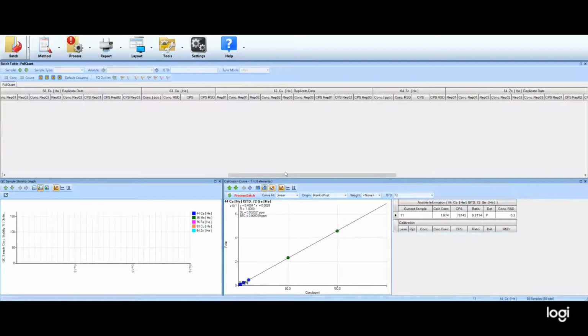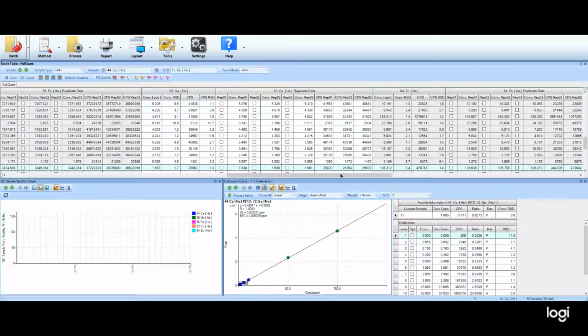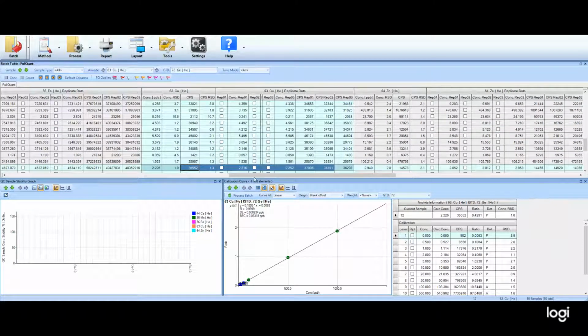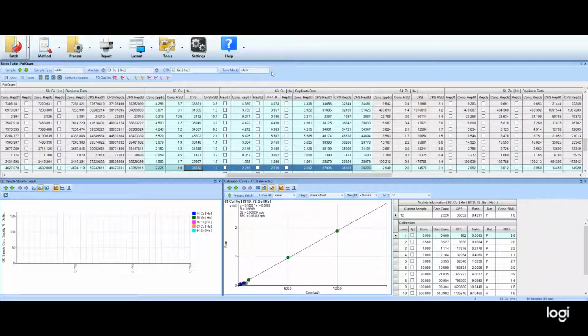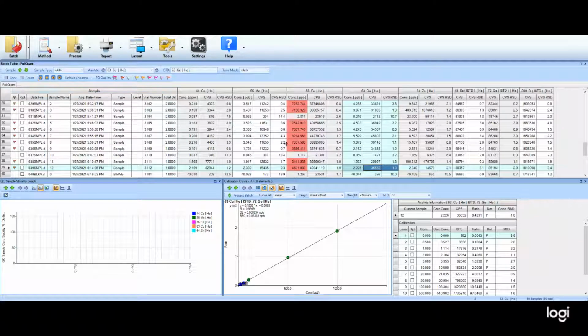Then I have to reprocess the batch, and we'll get updated values. This is what I have the screen for, but it's nothing that I export. It's just if I have a value that I'm concerned about, this is where I can check whether it's a fluke or whether this is real.